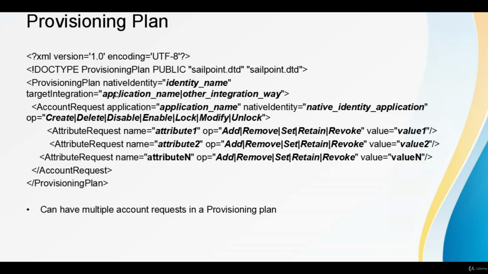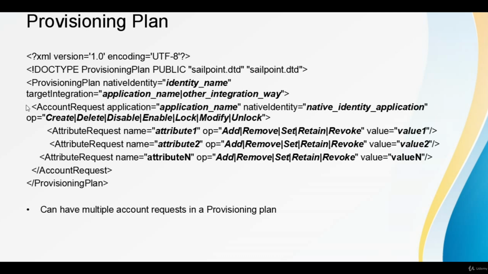So that has to be mentioned in target integration. This will tell that the connector is responsible, or the integration config, which we will see a little later, is responsible for talking to the target application.